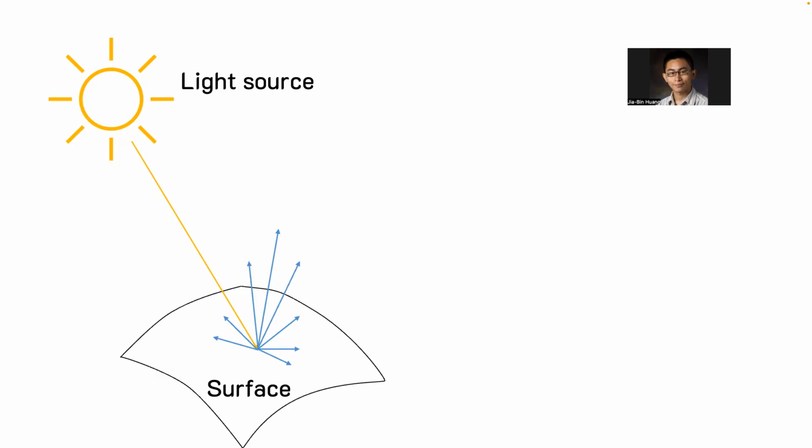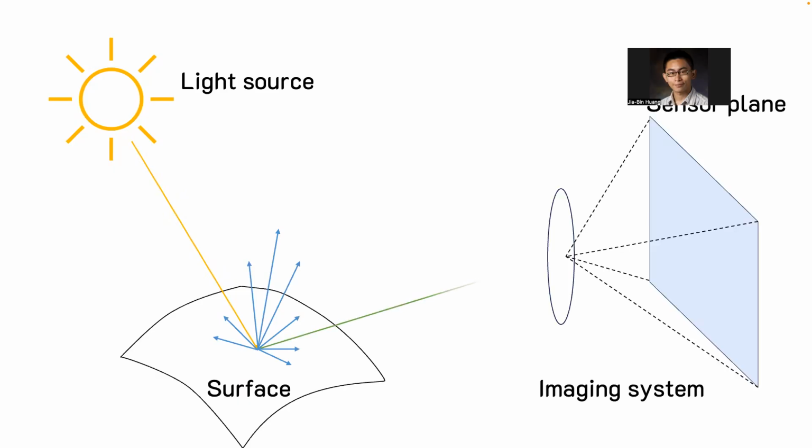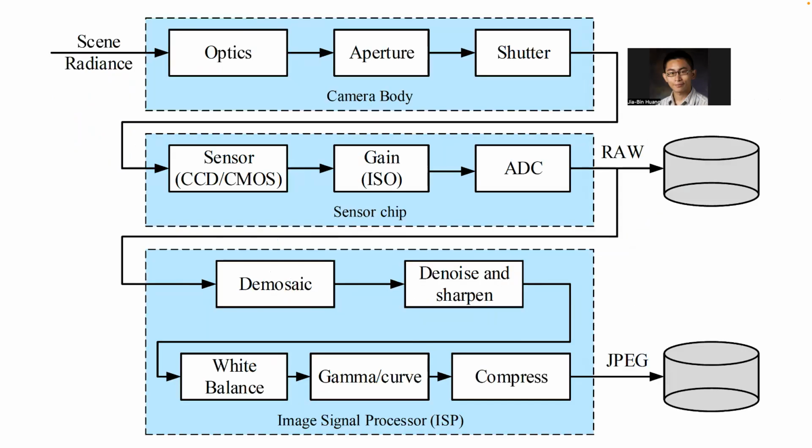All right, so now we need to understand how these things get measured by the camera. Okay, so if I have an observation and get this pixel, that's actually fairly convoluted. This imaging system is actually a very complicated pipeline. So the pipeline looks like this. You start from the scene, which has a specific energy called radiance, and that radiance goes through the lens, and you have an aperture and a shutter that control how much light gets in.